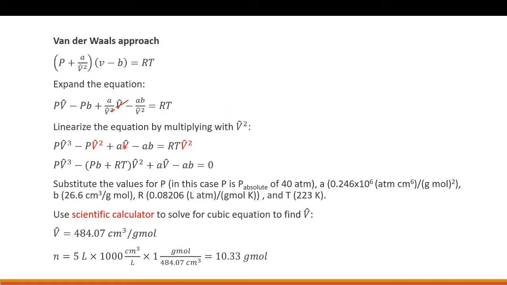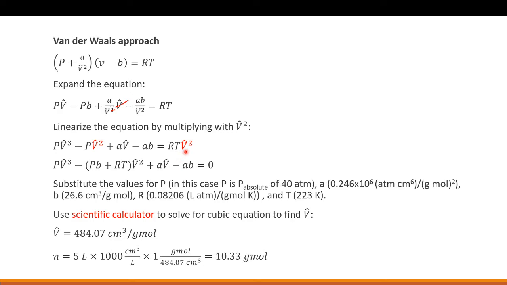So what we have to do now is linearize the equation by multiplying it with v cap square. We always multiply it with the denominator with the largest power, okay? After multiplying it, we get a linearized form of the equation. Rearrange the equation.